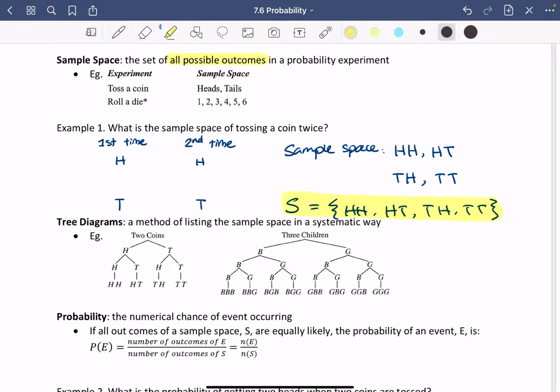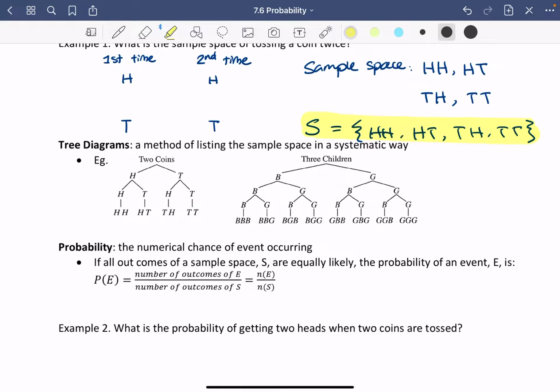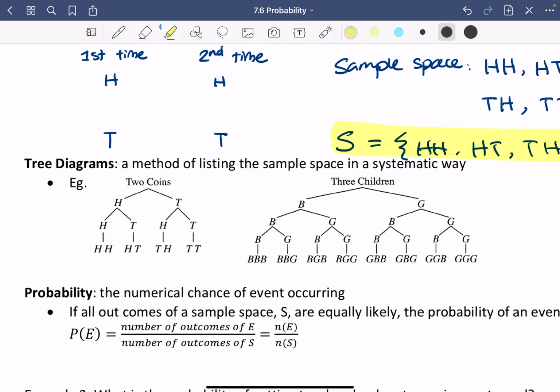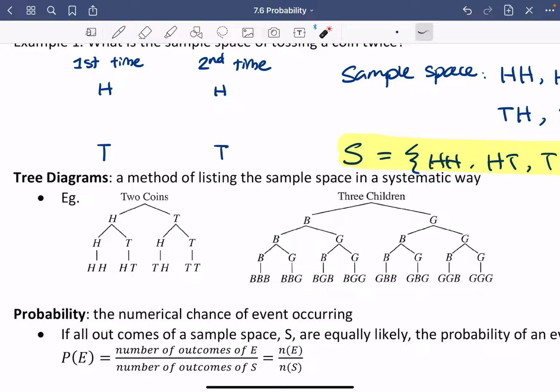All right, next we're talking about tree diagrams. A tree diagram is a method of listing sample space in a systematic way. For example, this tree diagram can be used to represent two coins or a coin tossed twice.